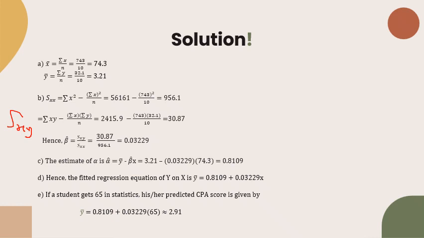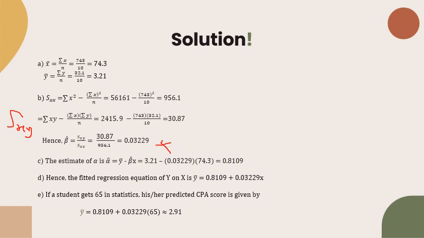So we will get 30.87. From Sxx and Sxy, we divide 30.87 by 956.1 in order to determine the beta hat. So we will get the beta hat equal to 0.03229.